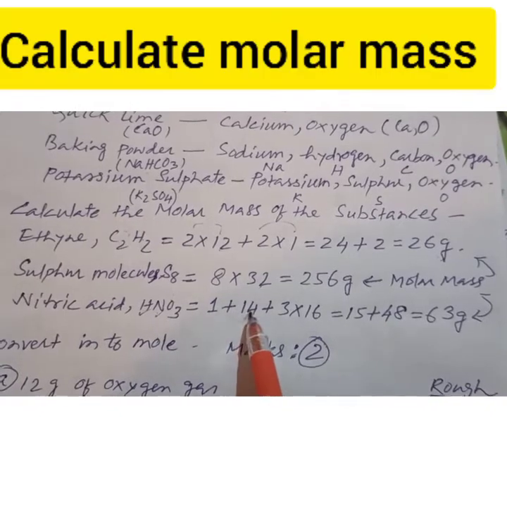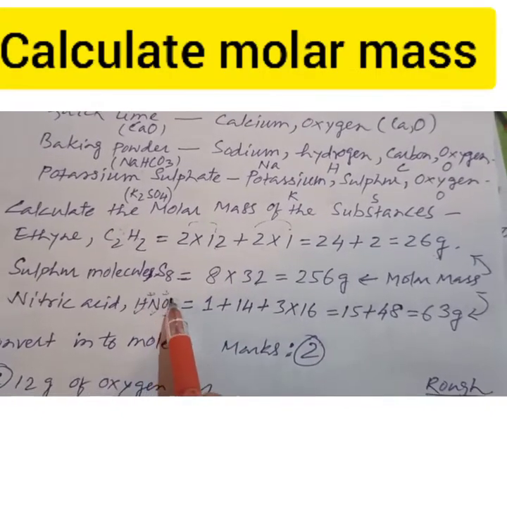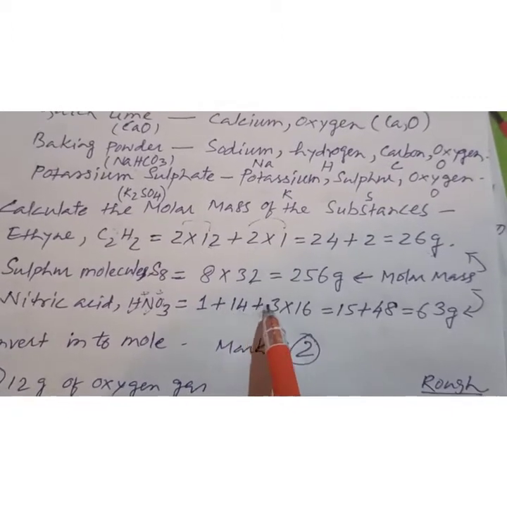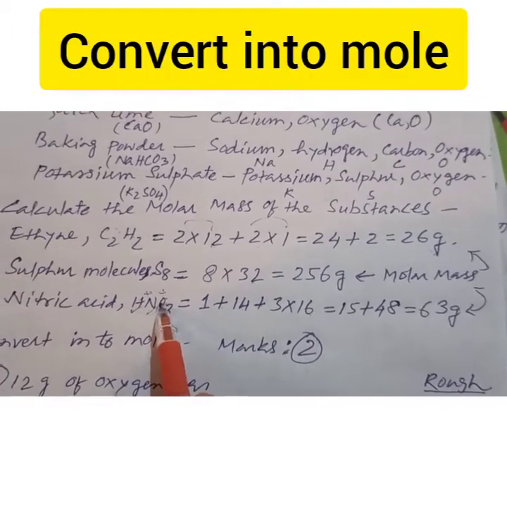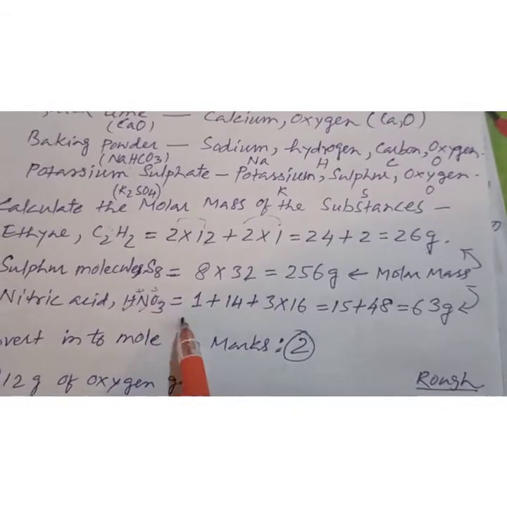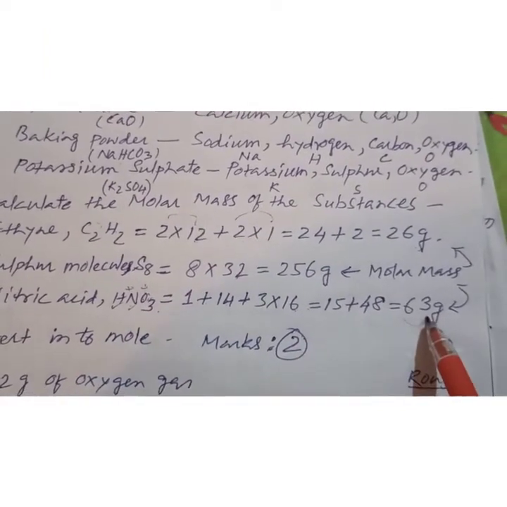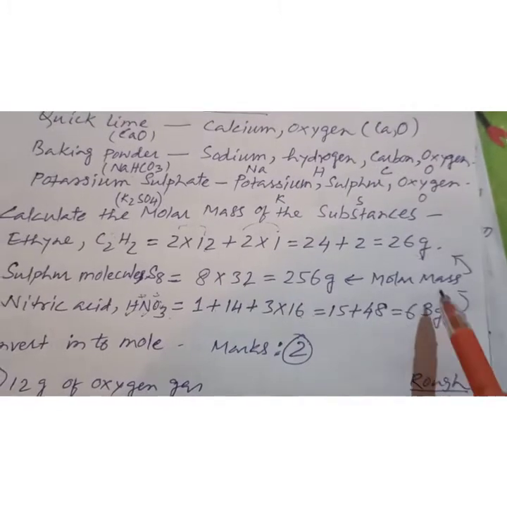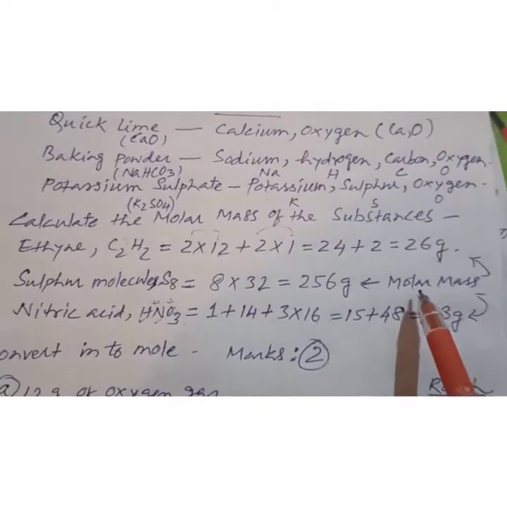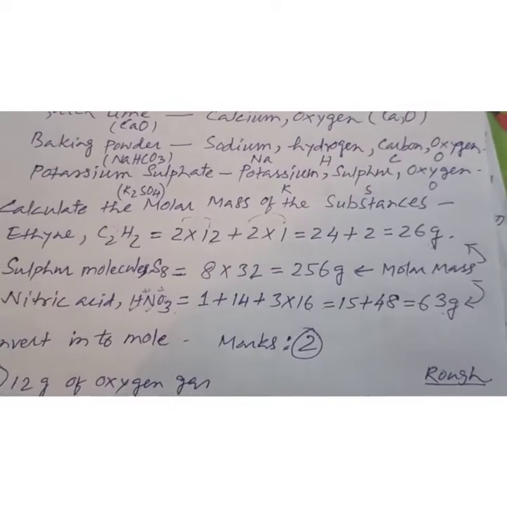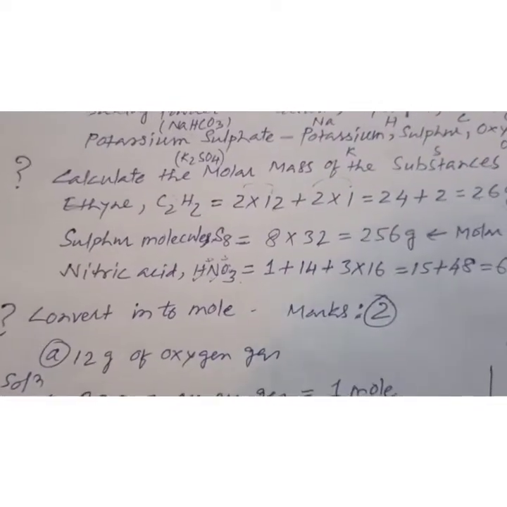So 1 plus 14 plus 3 into 16. That means 16 into 3 or 3 into 16, same thing. So that is your molar mass. The molar mass of nitric acid is 63 grams. Then convert into mole.